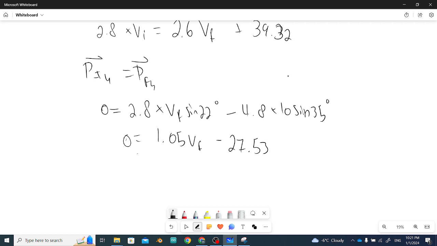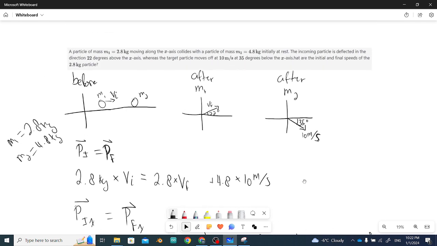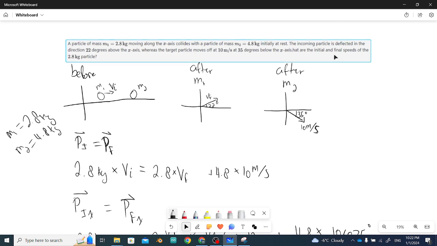Then we can just take that to the other side and divide by 1.05, and VF will be equal to 26.22 meters per second. And that was the final speed.